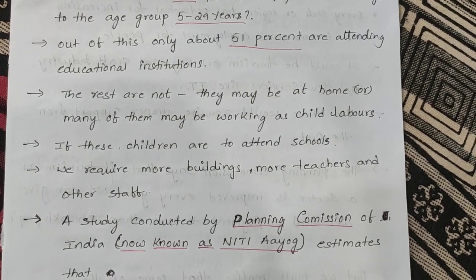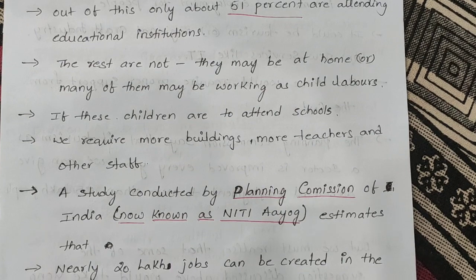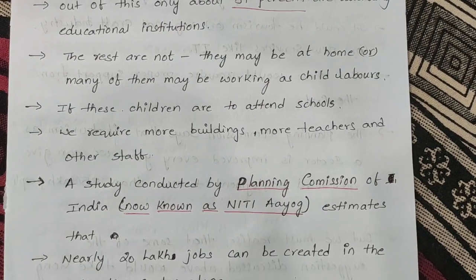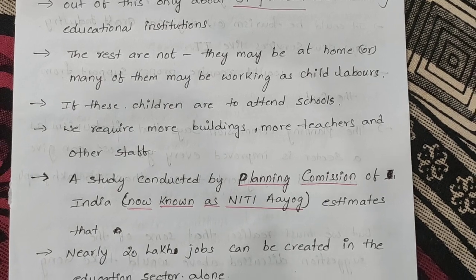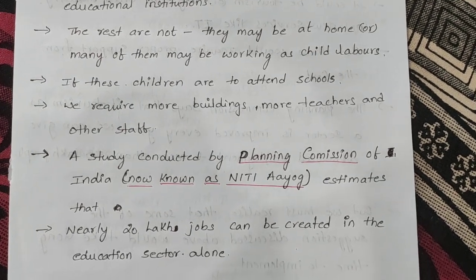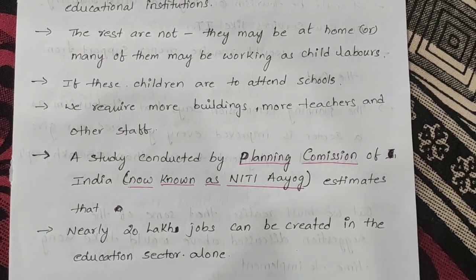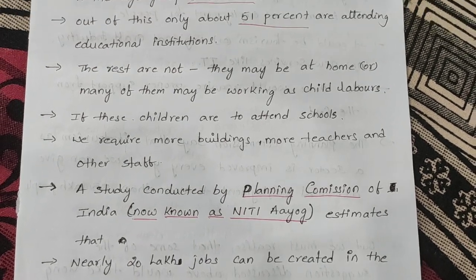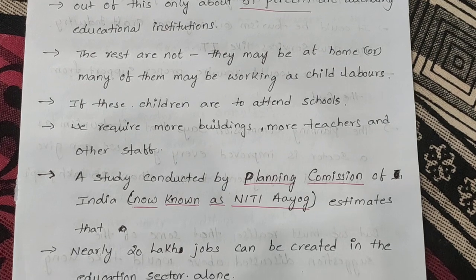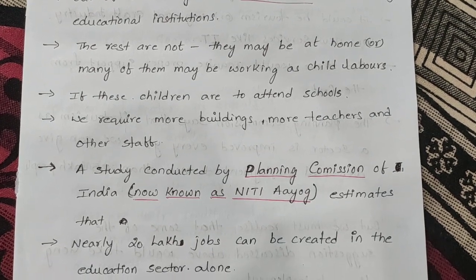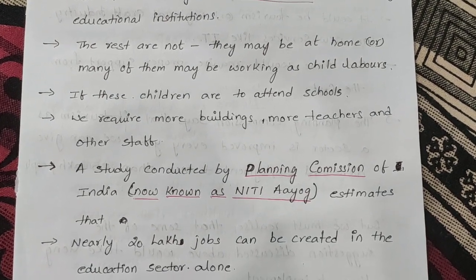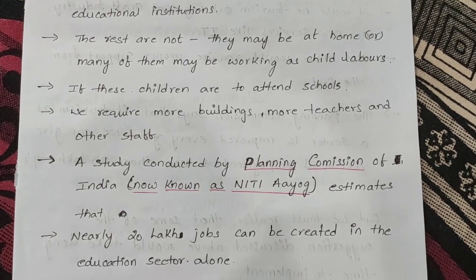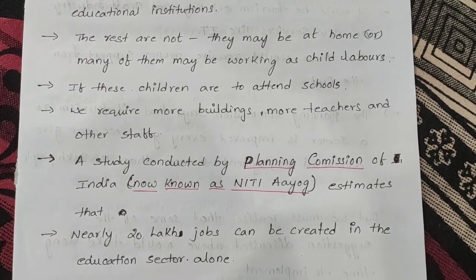and other staff. A study conducted by the Planning Commission, which we now call NITI Aayog, estimates that if the other 50% of the 5 to 29 age group also attend school, then we need more buildings, teachers and other staff.